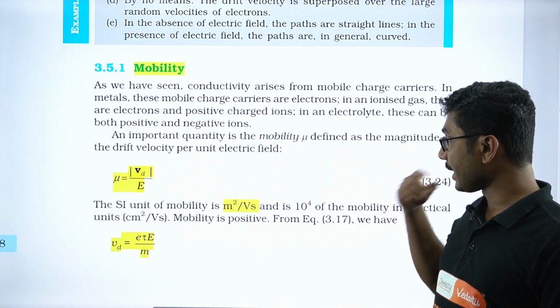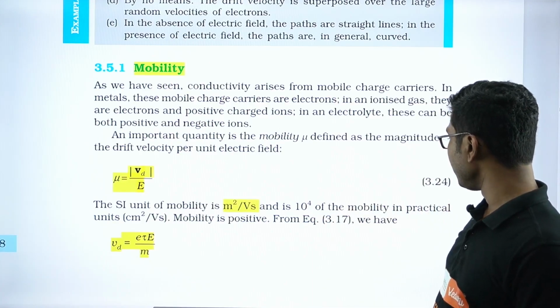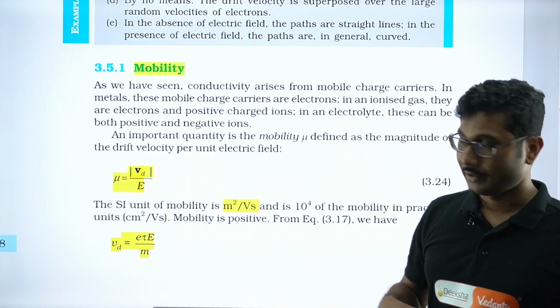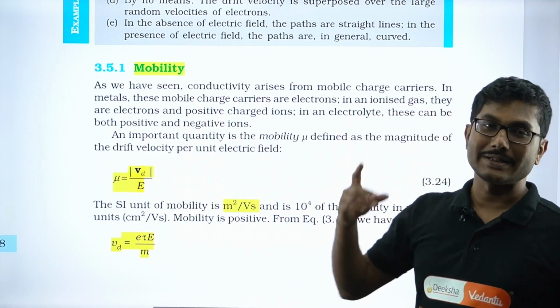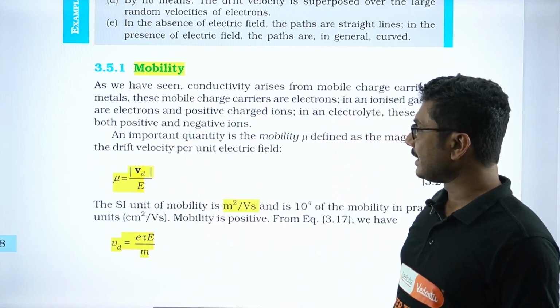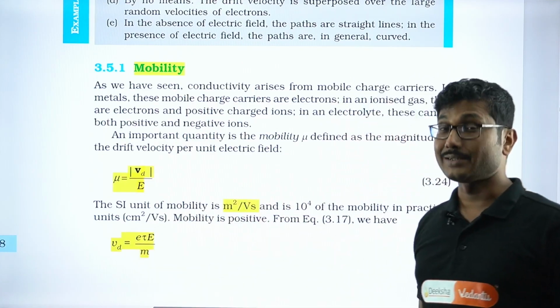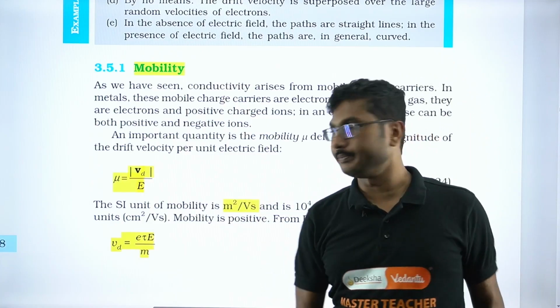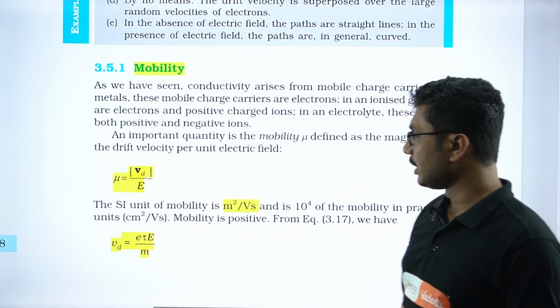In practical units, it is centimeter square per volt second, which is basically 10 to the power 4 times meter square per volt second, and practically centimeter square per volt second is more often used, because meter square per volt second is very small.